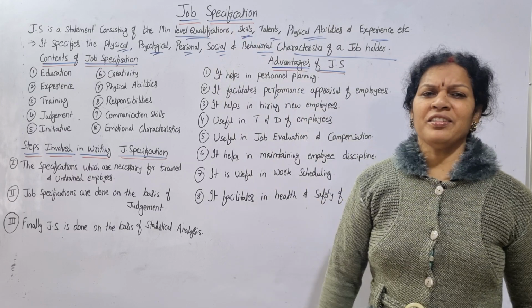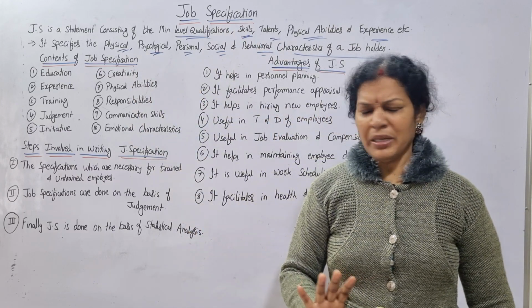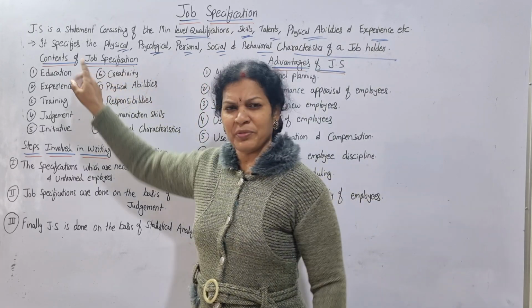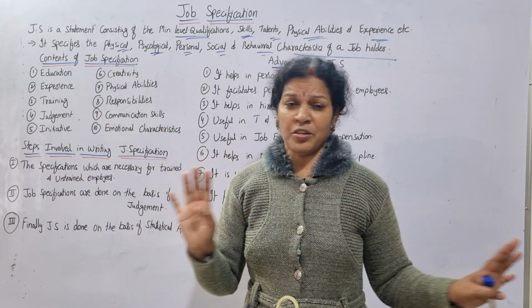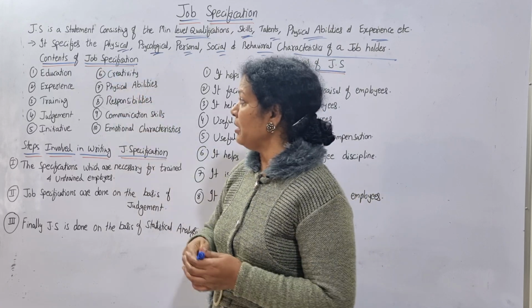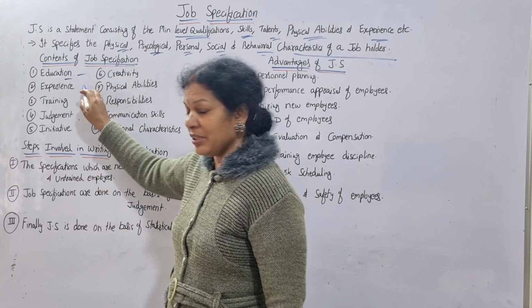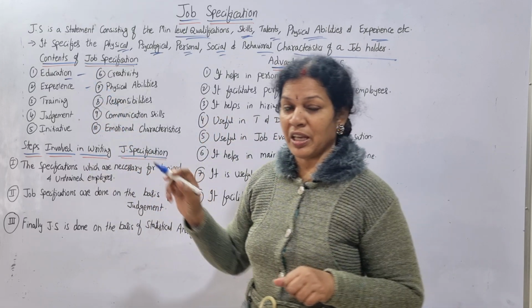Now what is contained in the job specification? That is the contents of job specification. Mainly 10 points, and one thing is very easy to remember. In general also you can think and say. Mainly we need education, what is his education, and whether he has any experience, how much experience he has.